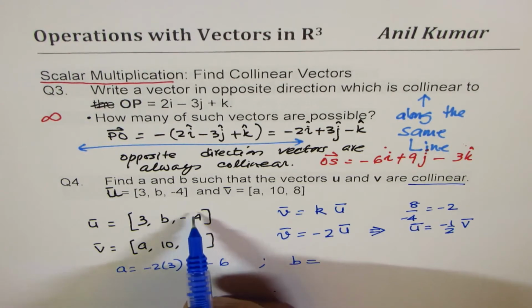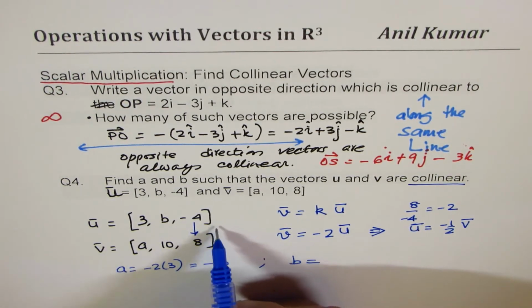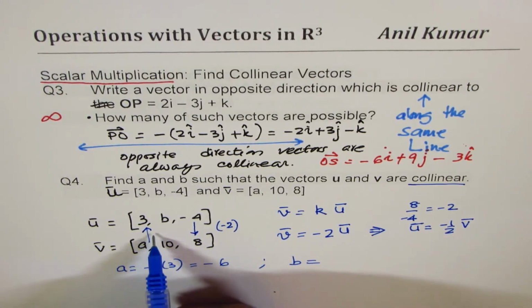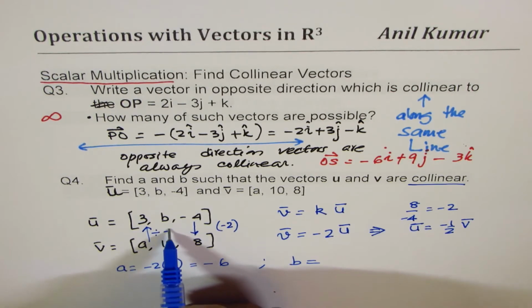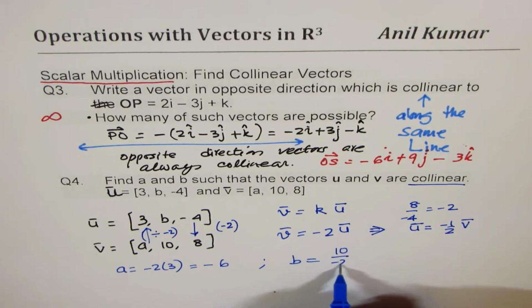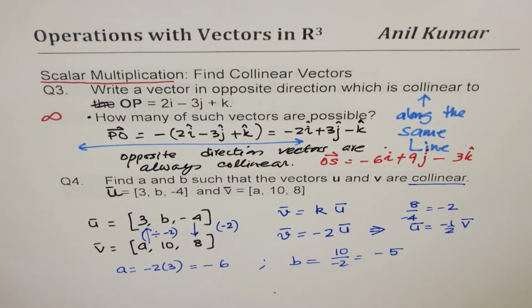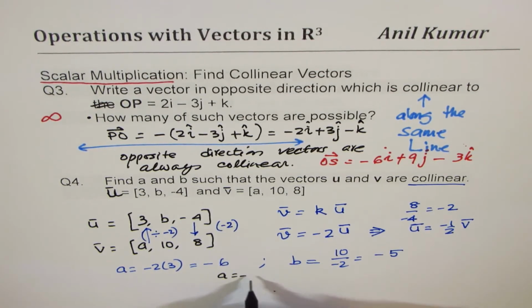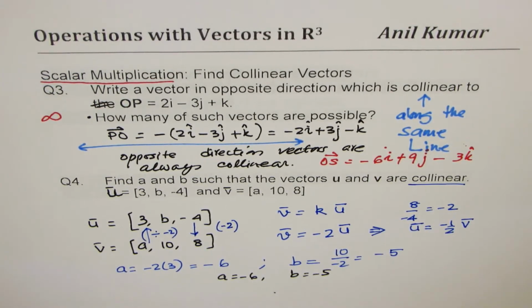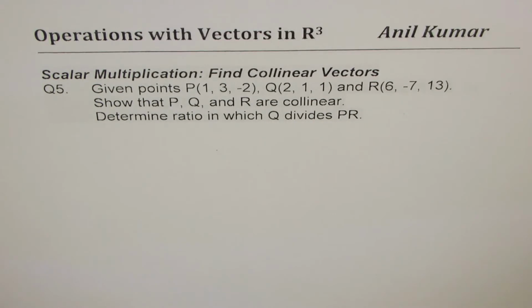When you go from u to v, you're multiplying by minus 2, but when you go in this direction, you are dividing by minus 2, right? So we'll divide 10 by minus 2, which gives you minus 5. So those are the answers, correct? So a equals minus 6 and b equals minus 5. I hope that is absolutely clear. Let's move on and take up the next question, which is question number 5.